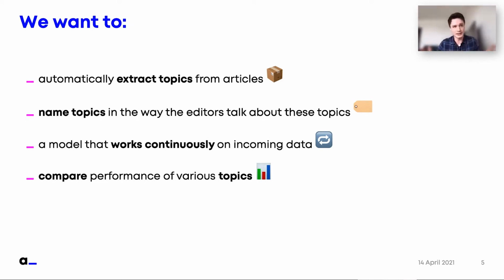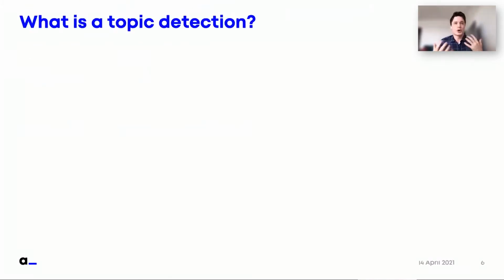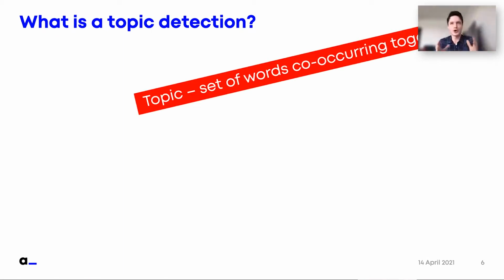So to address these challenges, I think the best answer is topic detection, often called topic modeling. Now, what is topic detection at all? So I think before we answer that question, we need to answer another one. What is a topic? A topic is nothing else but a set of words co-occurring together in the same context, nothing beyond that.